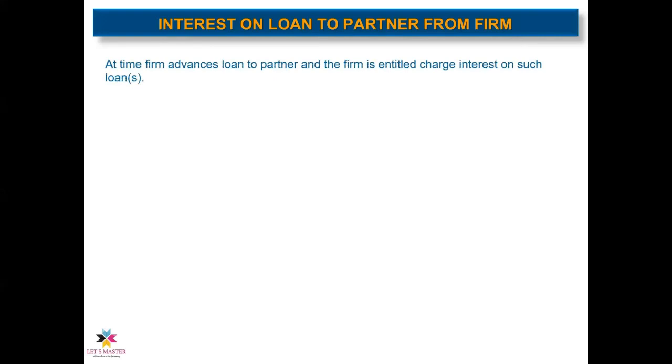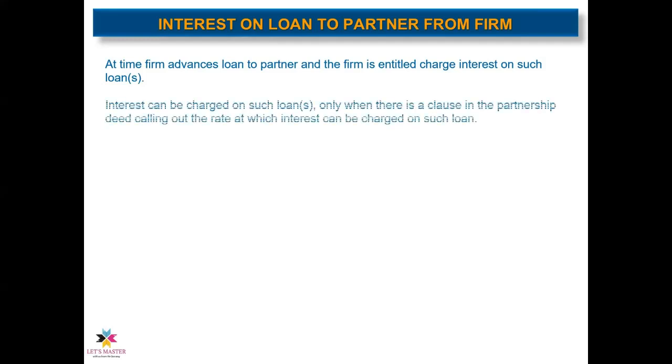Moving further, there may be some scenarios where interest on loan needs to be charged that is provided to the partner by a firm. Depending on the situations and circumstances, the firm can also advance some loan to the partners.